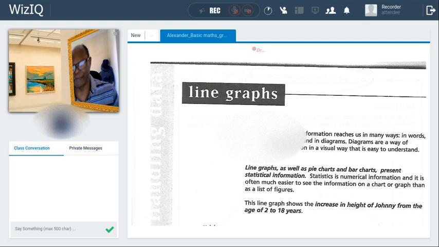A line graph is one way of presenting the results of your research or survey or your analysis. If you're going to do the case study analysis, you extract the data, then you analyze it, and then you present it.